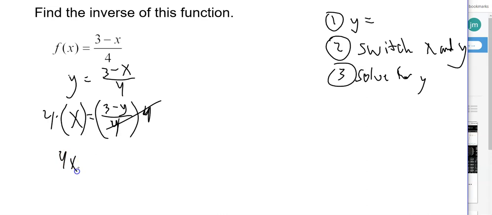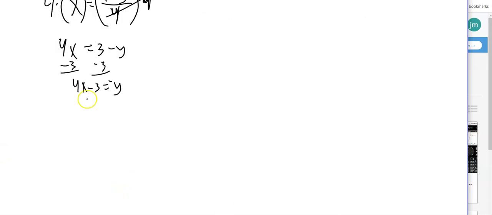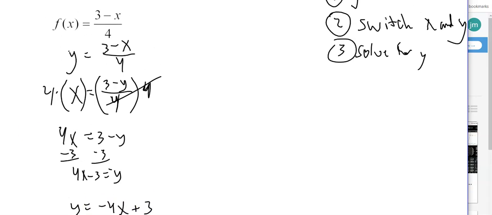You get 4x equals 3 minus y. Subtract 3. Get 4x minus 3 equals negative y, actually. Divide by negative. You get y equals negative 4x plus 3. So I divided by negative there.